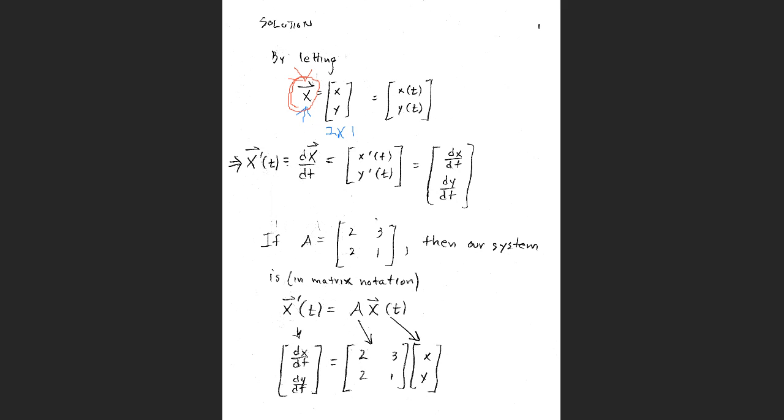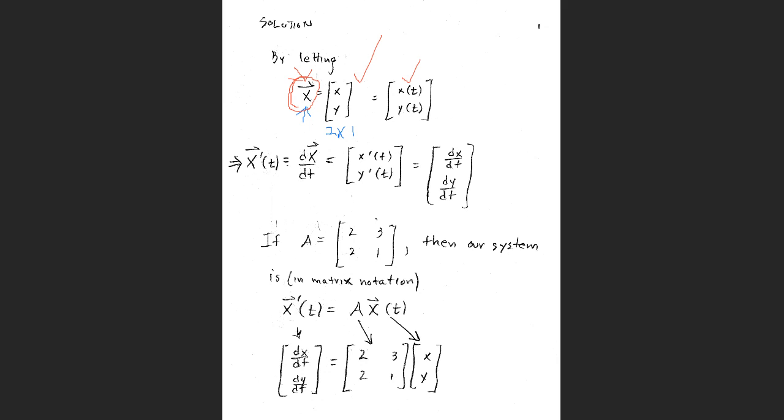That stands for vector. x and y are the components of this vector, but we have to remember that x is a function of t and y is a function of t, by virtue of the fact that our differential equations are dx/dt equals something and dy/dt equals something.